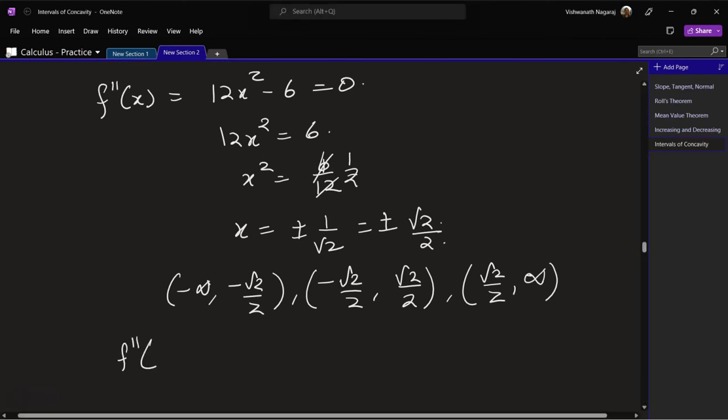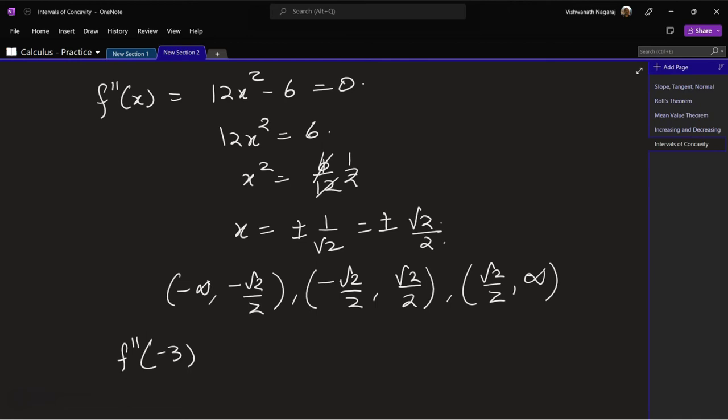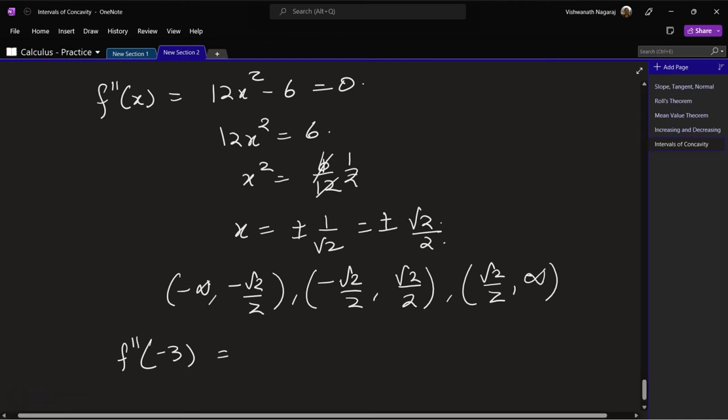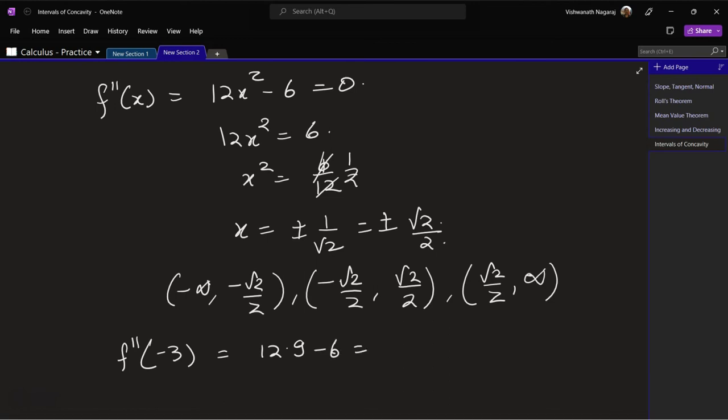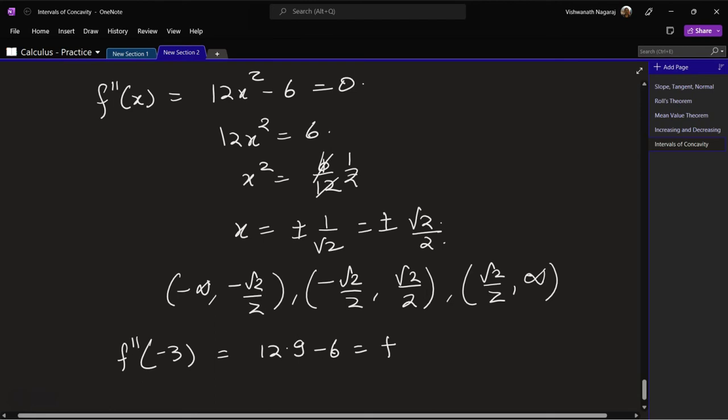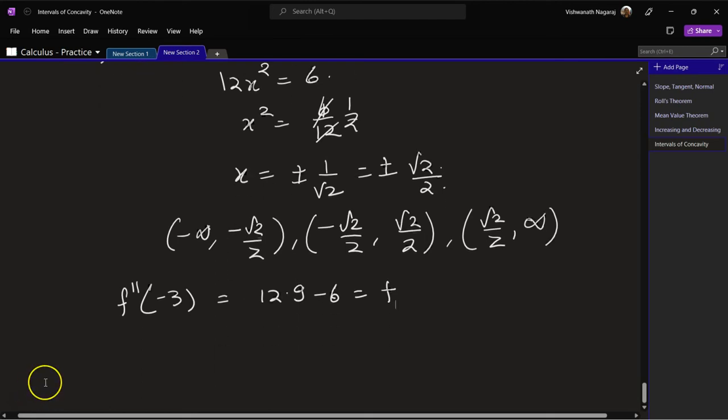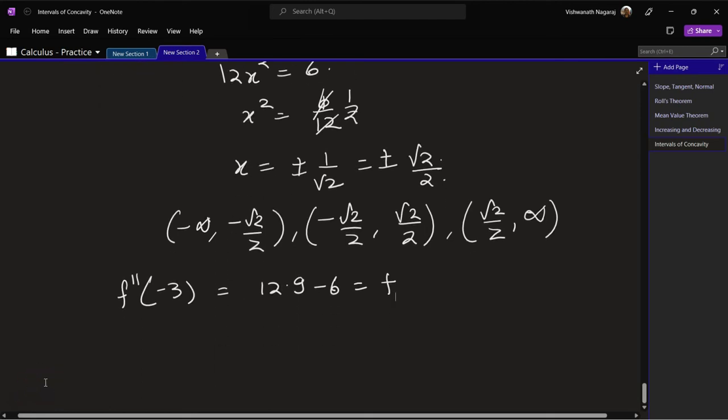Okay, let's pick some values. f double prime of, let's say, root 2 is 1.41 divided by 2. Okay, so let's take it as 3, which gives us 12 times 9, minus 6. That means this is going to be a positive number. Okay. Now let's look at between minus root 2 and root 2. So let's take f double prime of 0, which gives us minus 6.